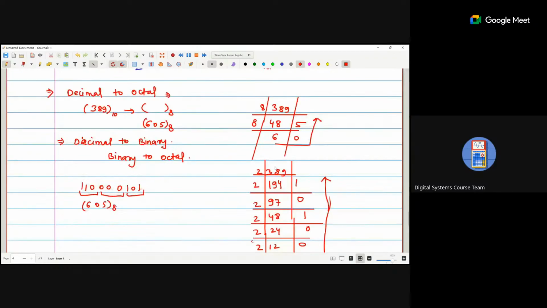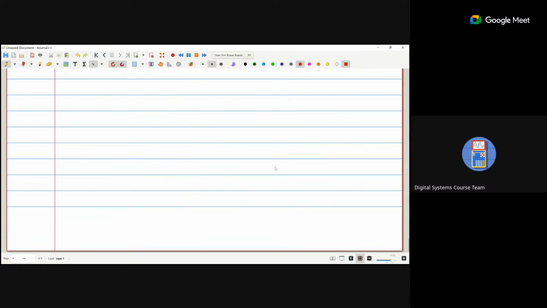Then decimal to hexadecimal, the way is the same. 389 base 10 into hexadecimal base 16. So what should I do? Again, I divide by 16.